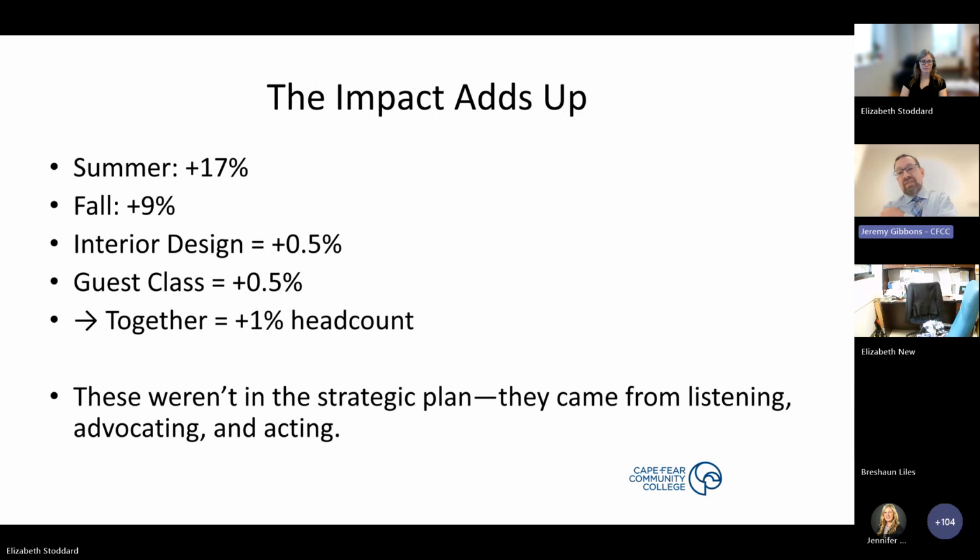That interior design and that physics class example were enough students together to become 1% of a head count. Using those two examples, our strategic plan may have a goal of 5%, but some of these quick wins and just looking at things on a daily basis, it all adds up and can become something that's moving the needle in a way that you hadn't planned for.